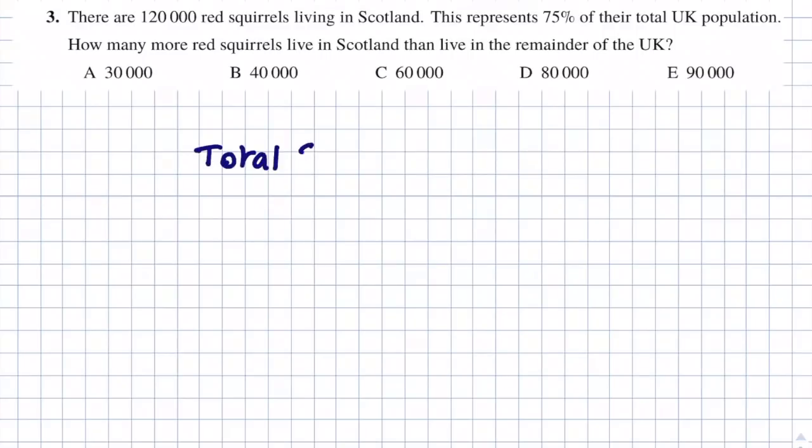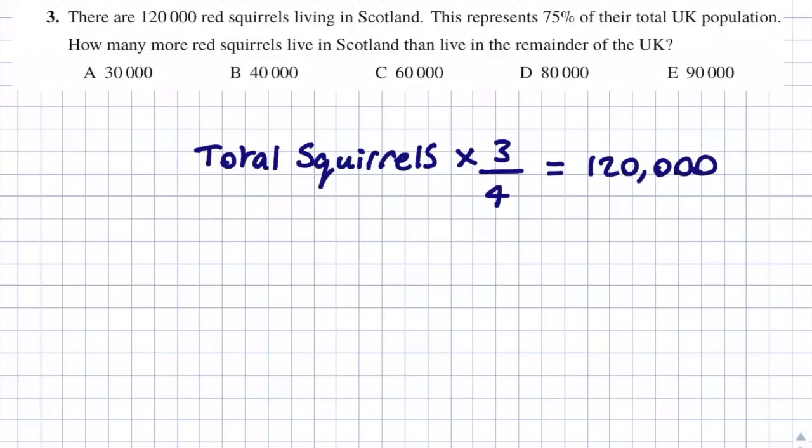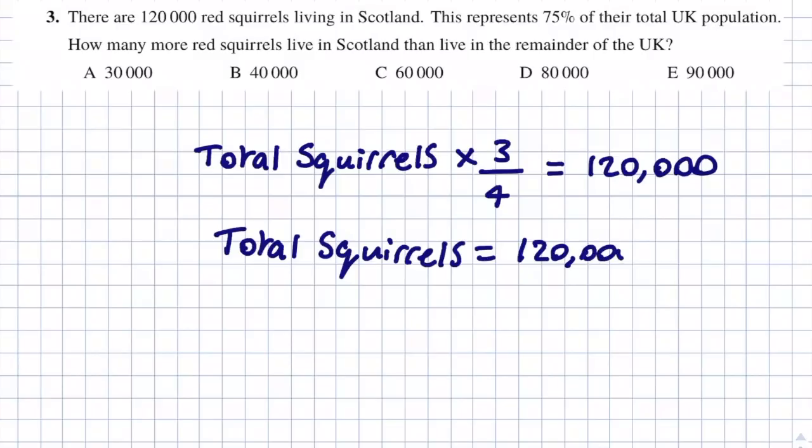We need to find the total number of squirrels. So if we say total squirrels multiplied by 75%, which we can say is 3/4 as a fraction, we can say that's equal to 120,000. So if we rearrange this to work out what the total number of squirrels are, we're going to do 120,000 times 4 divided by 3.